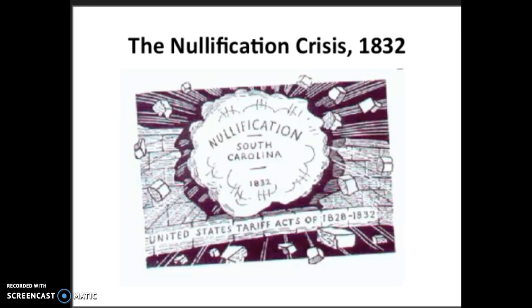The Force Bill allowed the president, Andrew Jackson, to force South Carolina to obey national laws and pay the tariffs. Now, South Carolina at this point was on the verge of breaking away from the United States, and Jackson began to prepare the army to invade South Carolina. At this point in 1832, the country was on the verge of civil war.